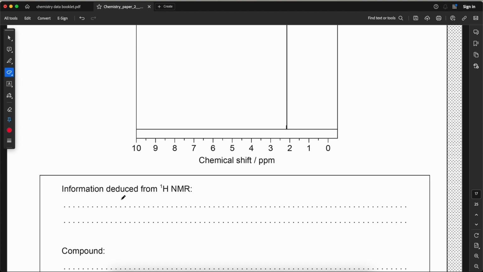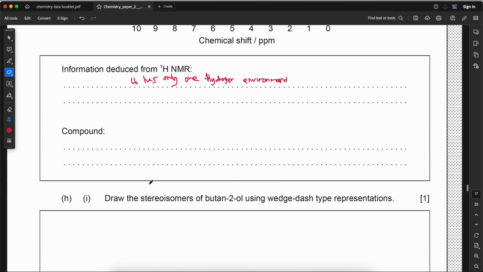So information deduced from HNMR, because it has only one hydrogen environment, it means it's symmetrical. So the compound would be propanone. Because why? It has C double bond O. It's symmetrical. And the molecular mass is also 58. Let's draw propanone.